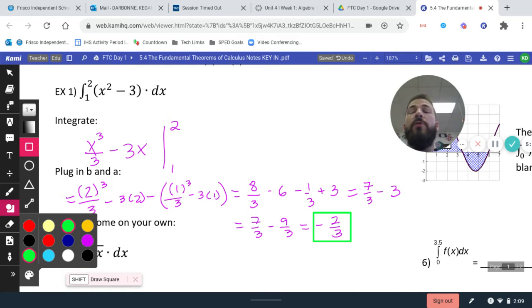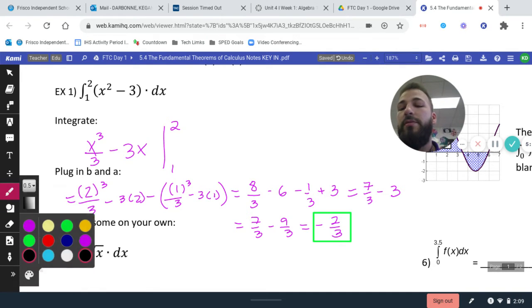Because remember, that's what we're doing with the fundamental theorem of calculus. We're finding the area under our curve, or under our function, f of x. I'm going to do a really rough sketch of our graph.